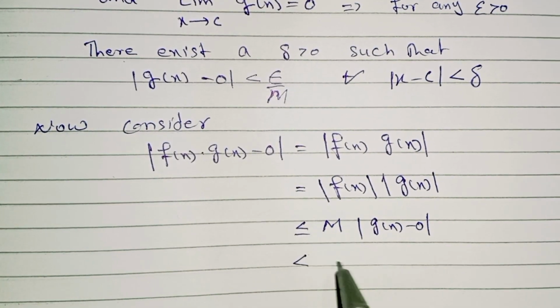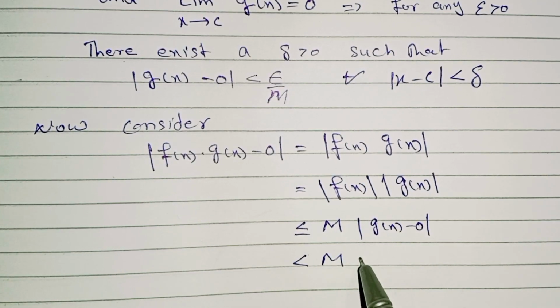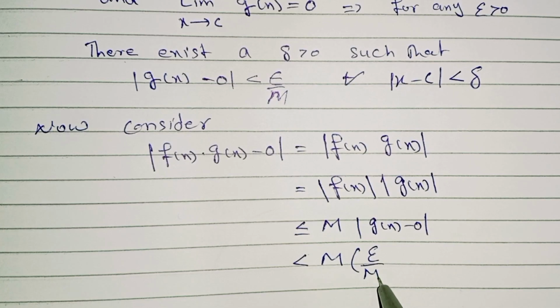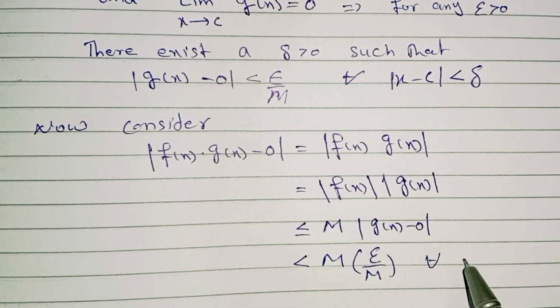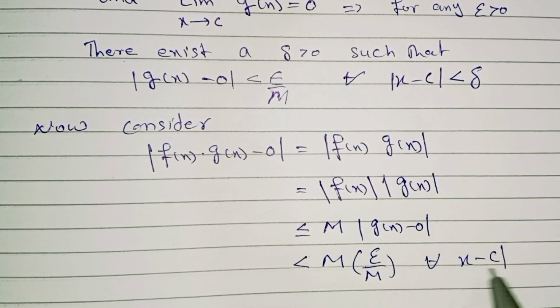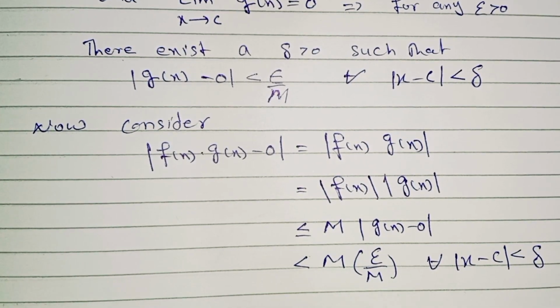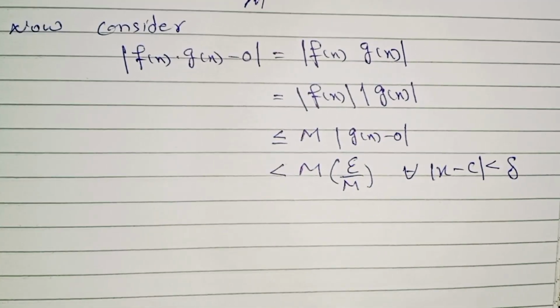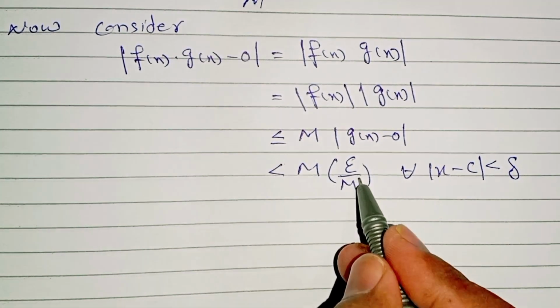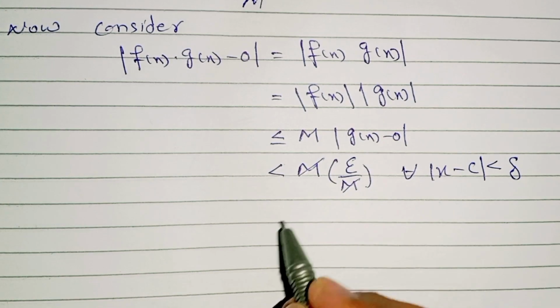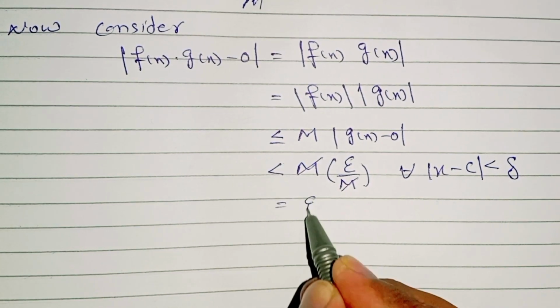Therefore this expression becomes M into epsilon over M for all |x - c| less than delta. M is cancelled out by M in the denominator and we have epsilon.